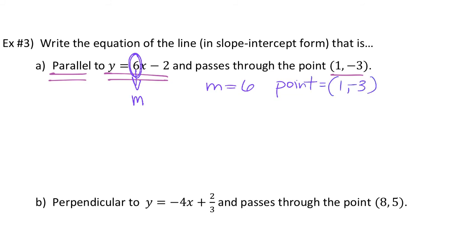If I have a point and a slope, what form should I start with? Point slope form. Okay, so we're going to take this information and we're going to drop it into point slope form. Here's x1 and y1. Here's m. Drop it into point slope. So it's going to be y plus or minus? Plus 3.